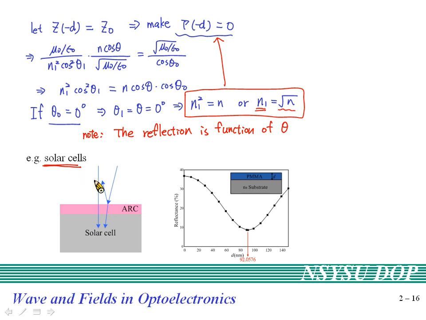Then it will reduce the amount of light into the solar cell. So we would like to put a dielectric layer over the solar cell to reduce the reflection. Then we can have more incident light into the solar cell. Such a dielectric layer we call an anti-reflection coating.